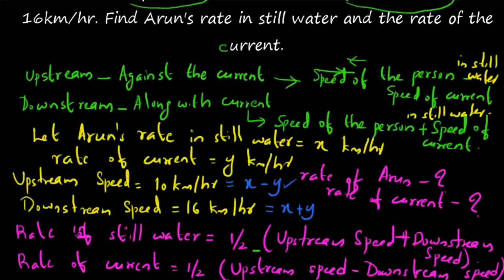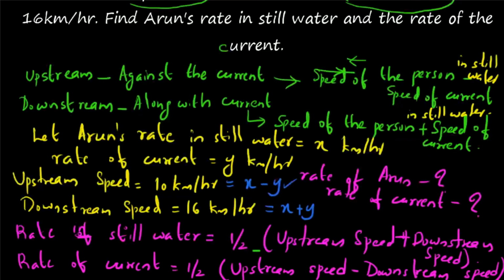So from these basic equations only we got this formula, and you can easily remember this. No need of writing upstream speed is equal to x minus y, then downstream speed is equal to x plus y, then writing two equations, x minus y is equal to 10, x plus y is equal to 16, and trying to solve for x and y. So that will be more lengthy.